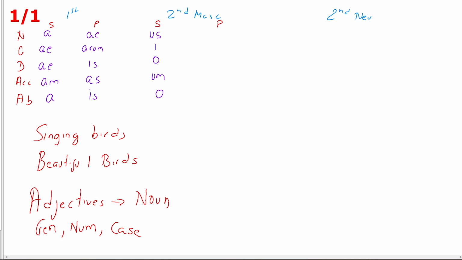When it comes to the plural, you have I, then genitive plural is orum, then dative is is, accusative plural os and ablative plural is.